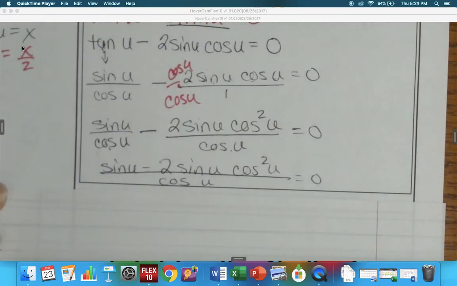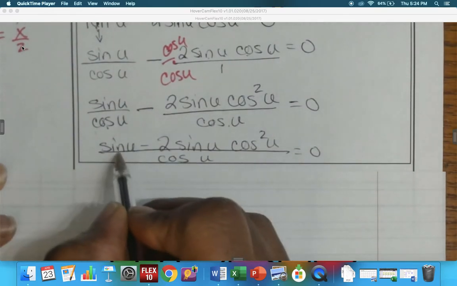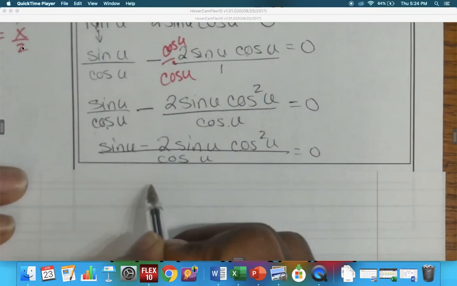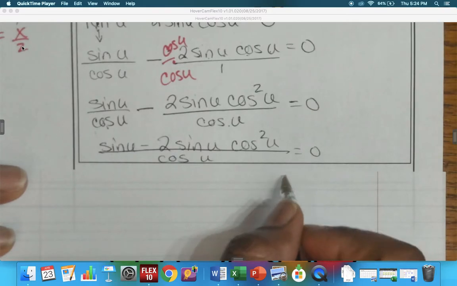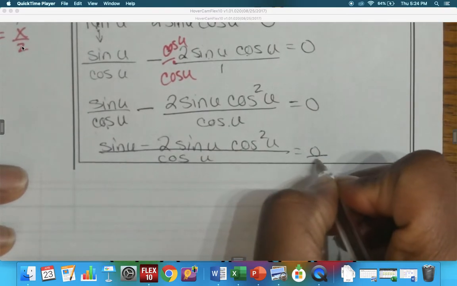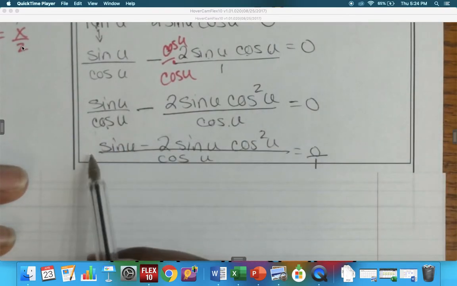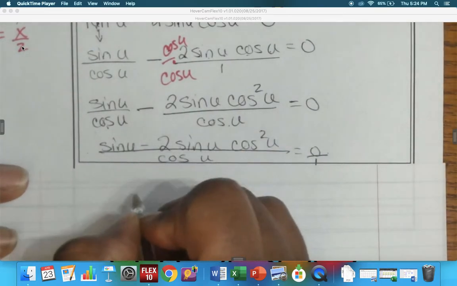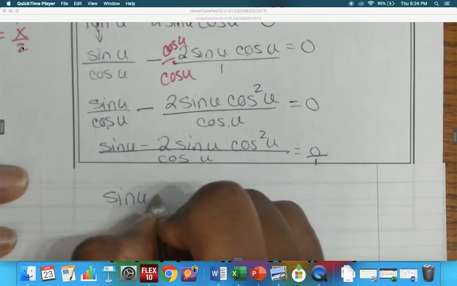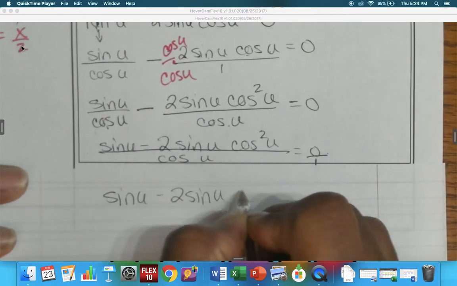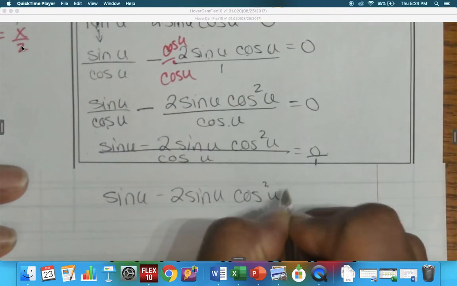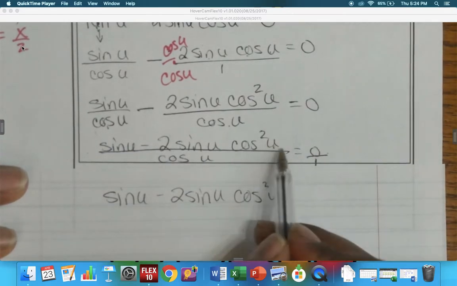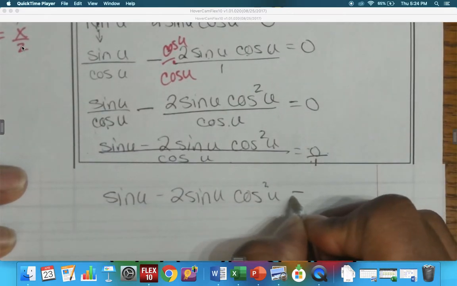So I'm going to use factoring. We could actually do a little bit of cross multiplying right now so I don't have this fraction. If I multiply both sides by cos u, I would end up with sine u minus 2 sine u cos squared u. The numerator would stay the same when I multiply by 1, and then equals 0.